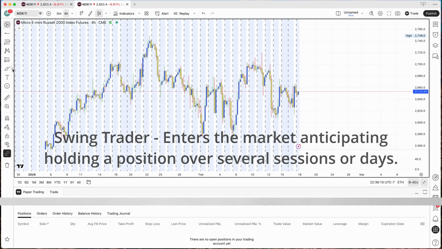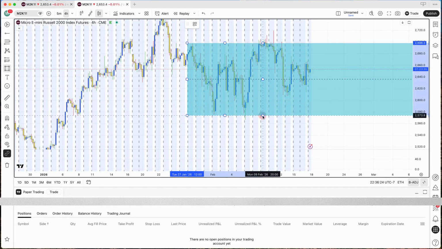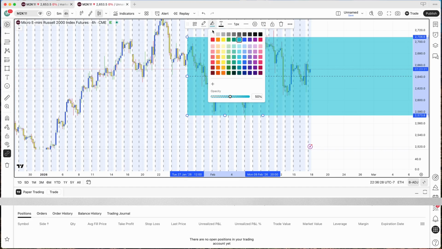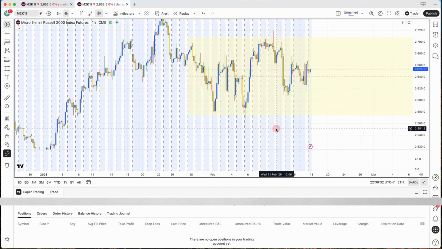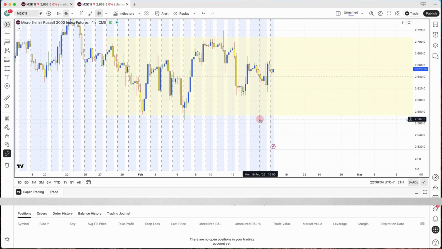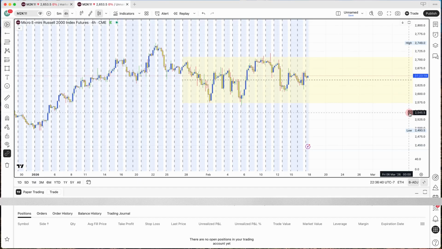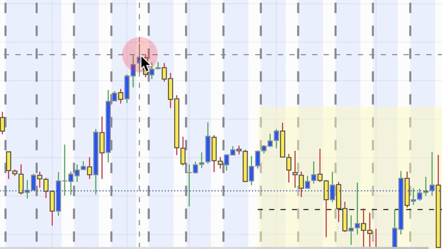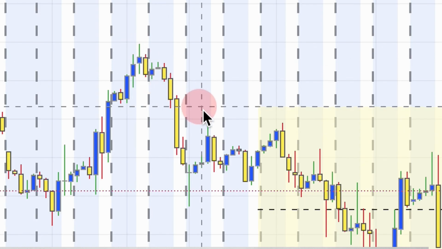inside of a range. I'm just simply drawing a box that will let you see the representation of what a range might look like. You can see very clearly that at one point in January 26th, price started to decline.